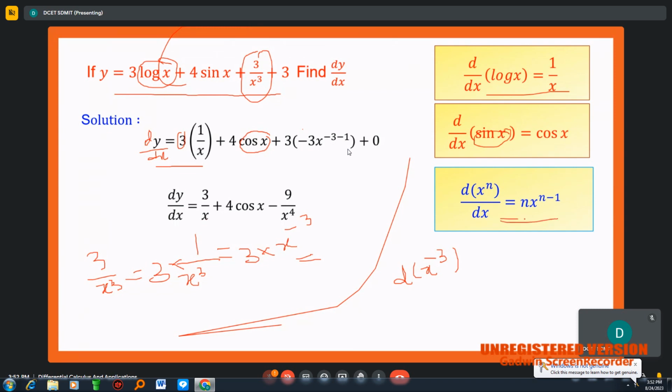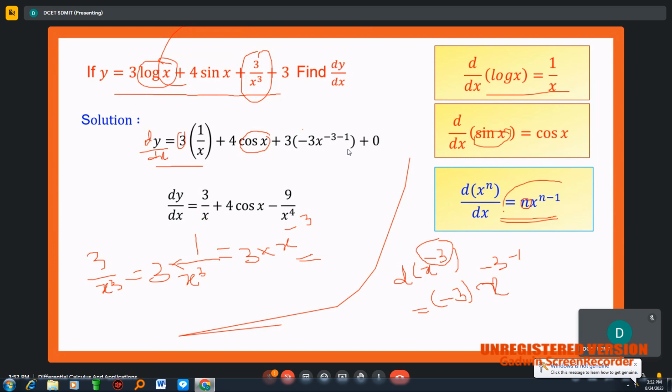Here we use the power rule. In the power rule, what is n here? In the given problem, n is equal to minus 3. What is the differentiation of x to the power of minus 3? It is minus 3 into x to the power of minus 3 minus 1.